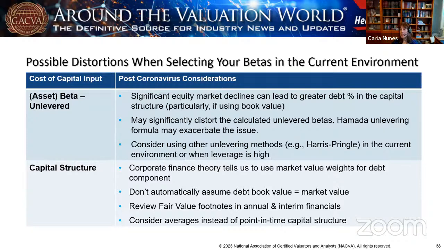Now, there's two things. One is, we know we use book value of debt in the tool, but we need to understand that that's a simplification. We're saying that book value of debt is a proxy for market value. During these times of upheaval, that's not always the case.